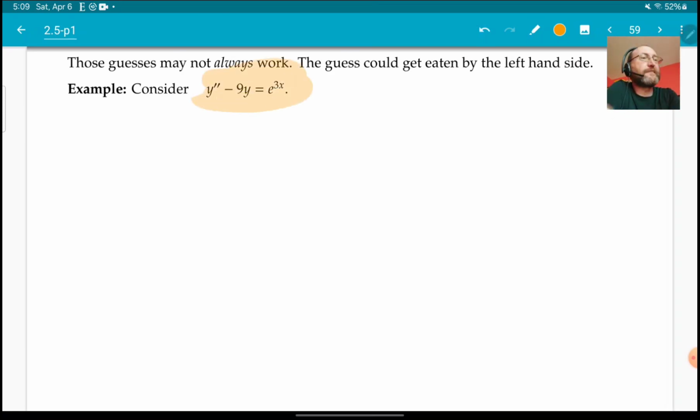So suppose that my left-hand side is y double prime minus 9y, and I'm going to try this e to the 3x, as I was saying before. If we didn't really look at the left-hand side, we'd say, well, I'm going to try a times e to the 3x. And a lot of times, if there was a different left-hand side, that would work.